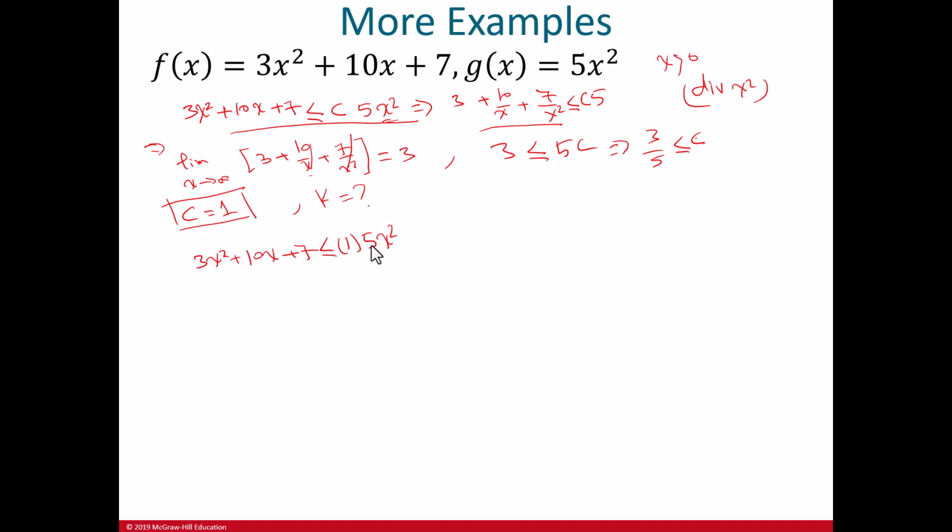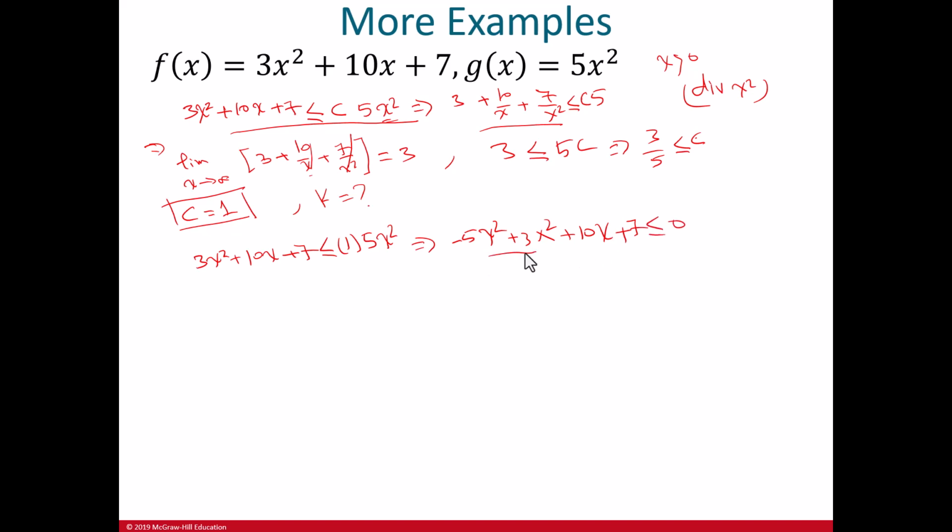Okay. So I'm going to add negative x^2 to both sides. When I do that, this will move here, and it will be something like this: negative x^2 plus 3x^2 plus 10x plus 7, and this one less than or equal to 0.